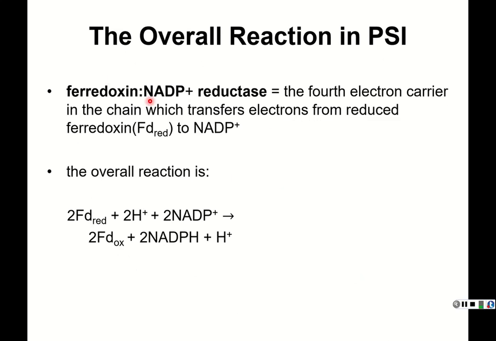And it does that through this ferredoxin-NADP+ reductase. So that's the 4th electron carrier in this chain, which ultimately transfers those electrons from reduced ferredoxin to NADP+. And for that overall reaction, you would need 2 reduced ferredoxins to reduce 2 NADP+.